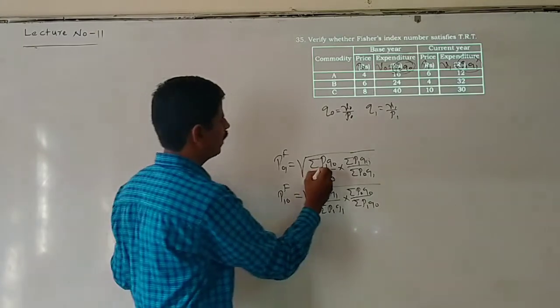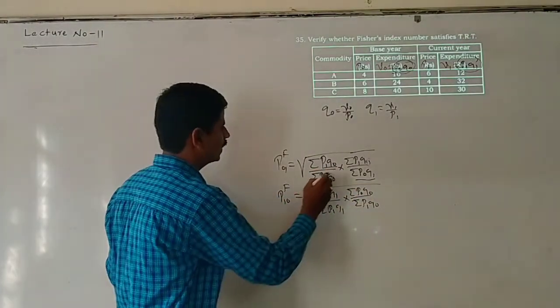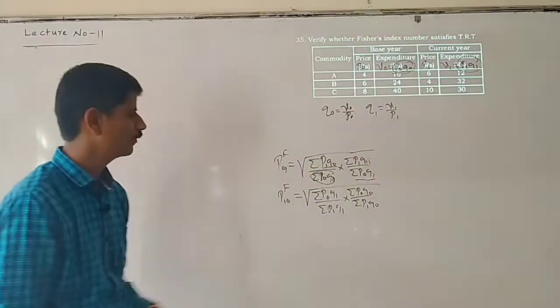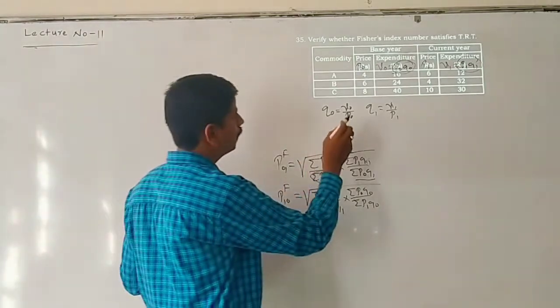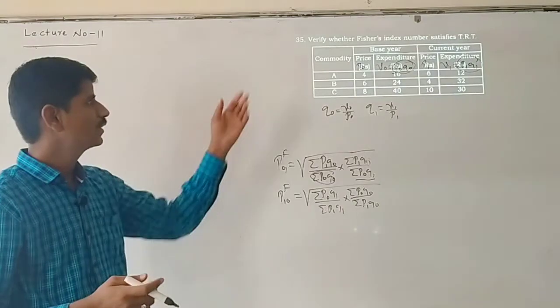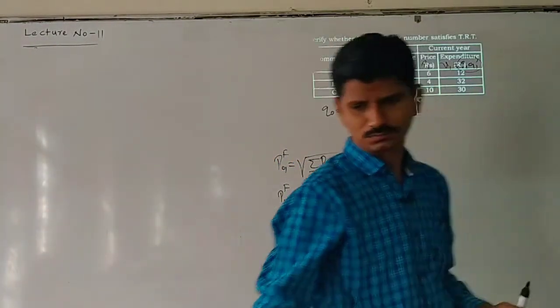Then substitute the values, then we get sum of P1 Q1 by sum of P0 Q0. Hence the Fisher's index number satisfies the time reversal test.